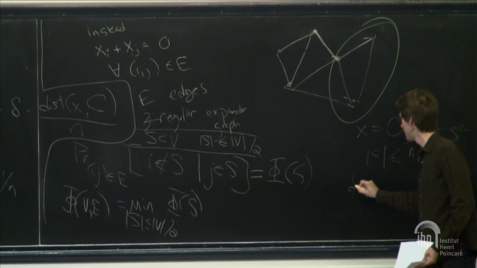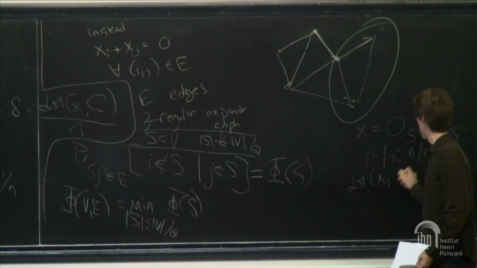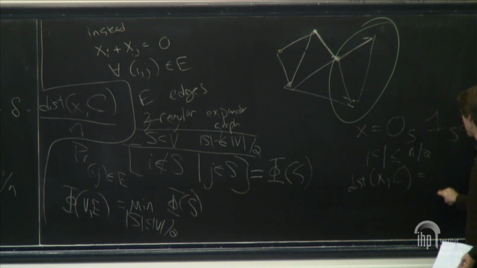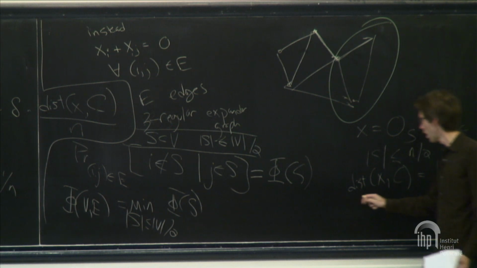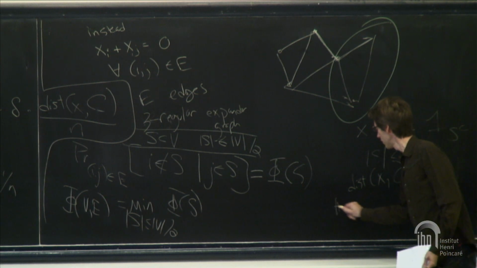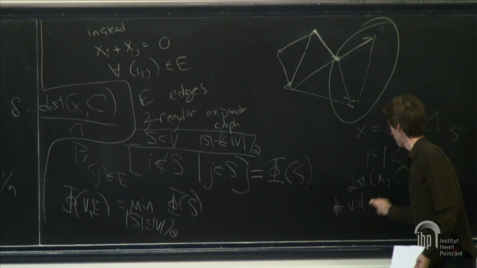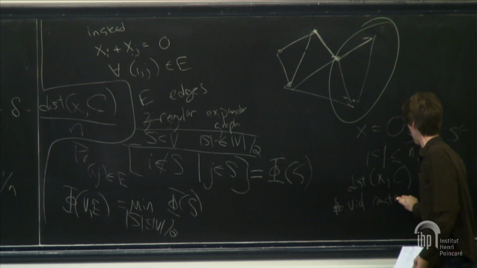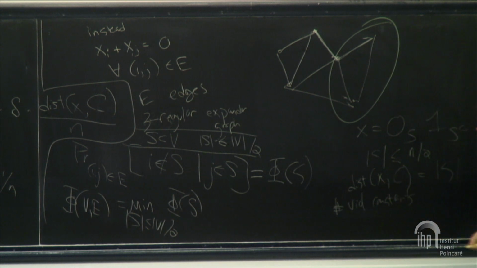So the distance of x to the code is going to be the size of S, and the number of violated edges is going to be the size of S times the expansion of S. Maybe there's a constant like 2 also.